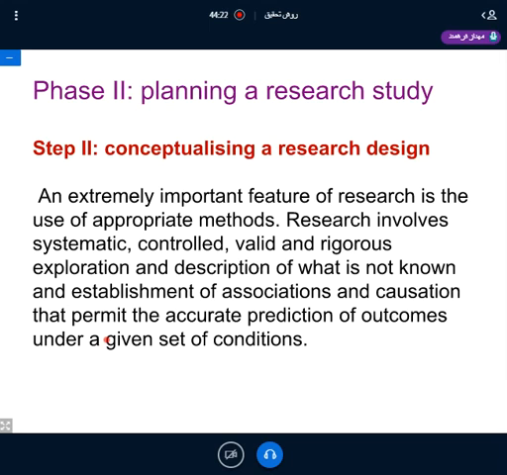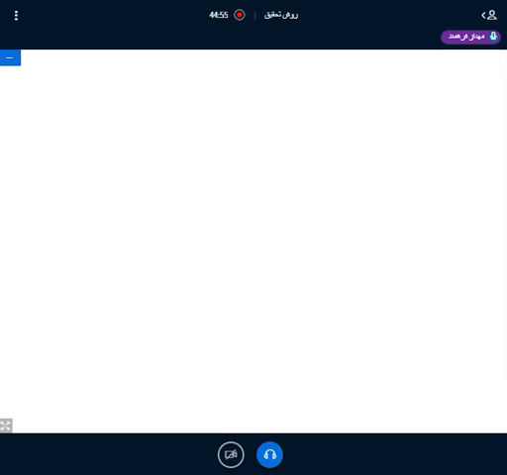For example, systematic research, control research, valid and rigorous exploration, and all of these items are very important for what is known and what we are going to get to know, what is unknown. So we must set the conditions for solving the problems.